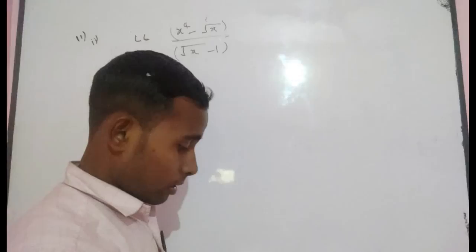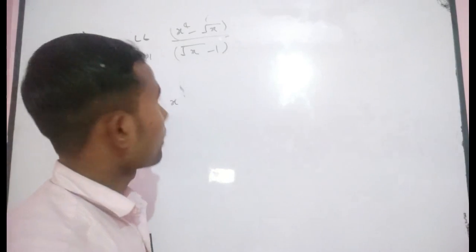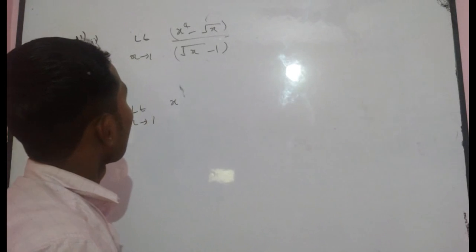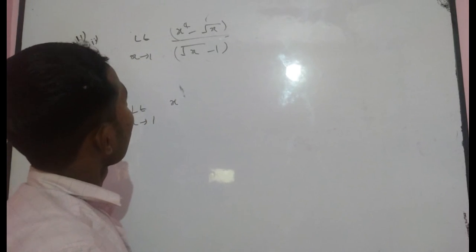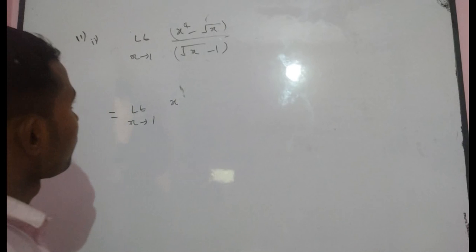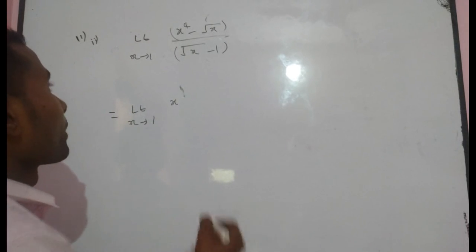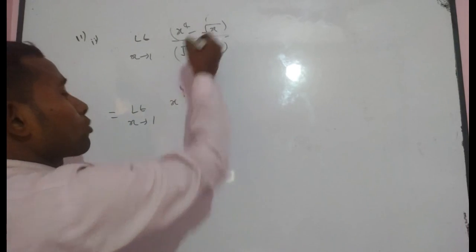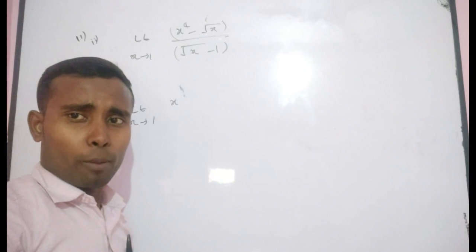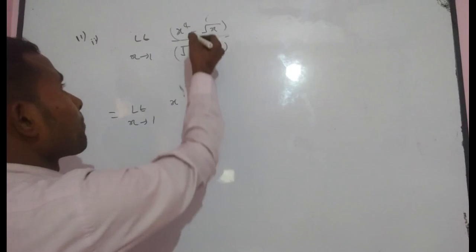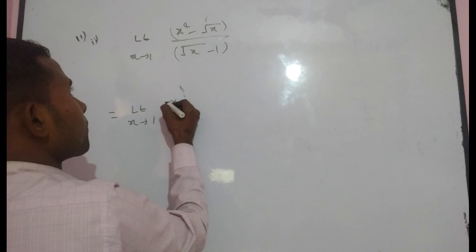Okay. Now be careful here: x to the power 4 minus root under x. How can you solve this problem? Simply, firstly you have to take common here.